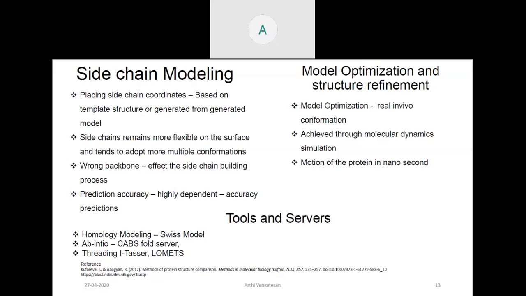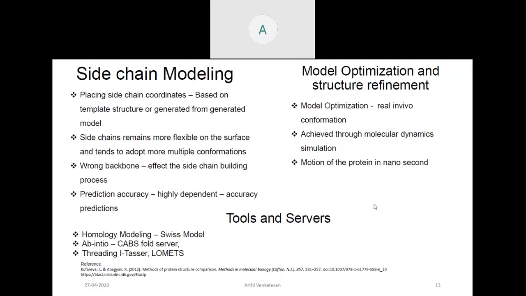Side chains remain more flexible on the surface and tend to adopt multiple conformations. If you find a wrong backbone, the side chain building process can be affected. Prediction accuracy can be highly dependent on this, so that you get a good and refined model.